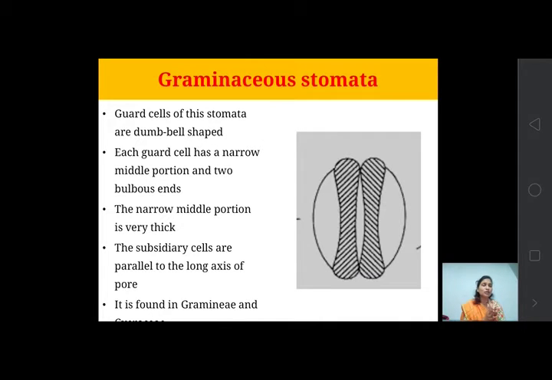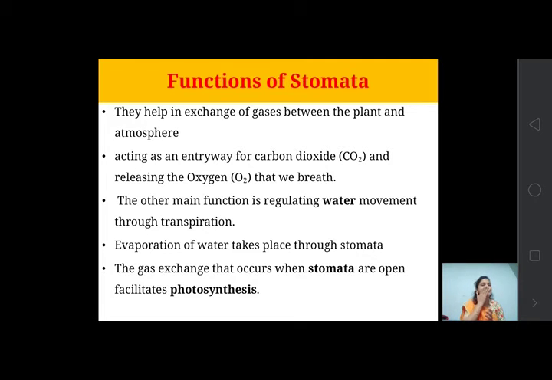Now let's look at the function of stomata. They help in the exchange of gases between the plant and the atmosphere. As there is a pore, the outer atmospheric gases come inside, and the gases that develop inside the plants go towards the outside.